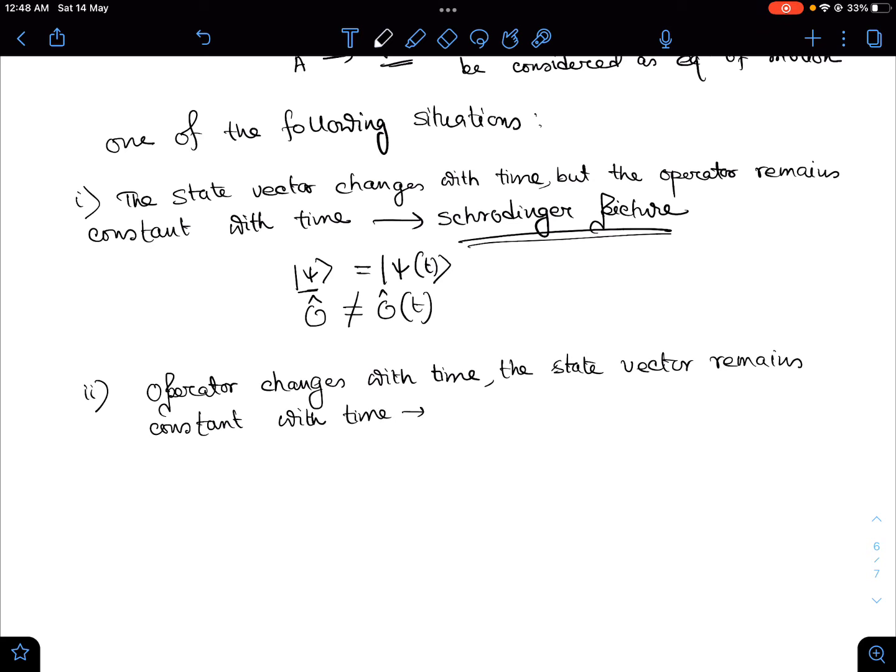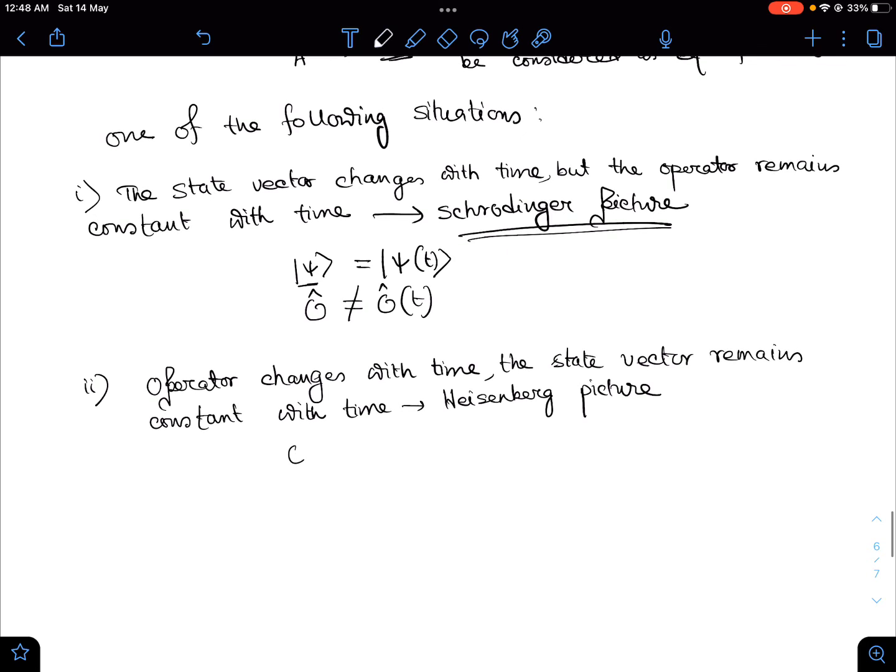This is the Heisenberg picture, which we have to evaluate in the given question. In JEST we can write that the operator changes with time in the Heisenberg picture, but the state vector doesn't change with time, so it is constant.